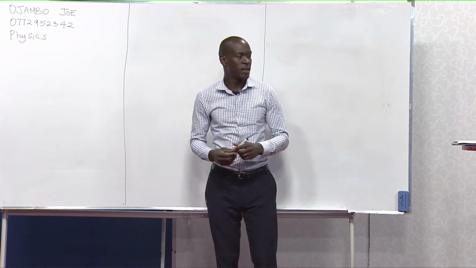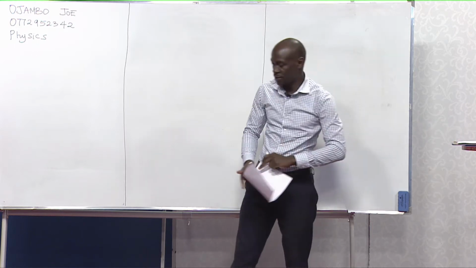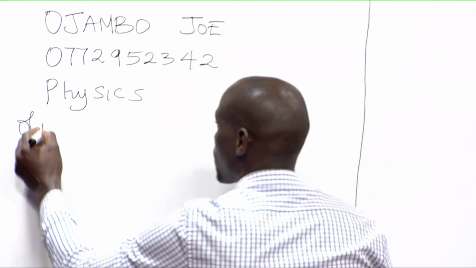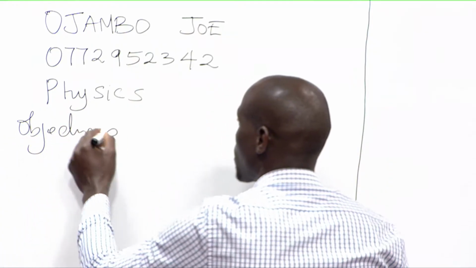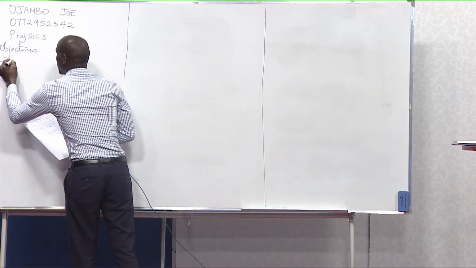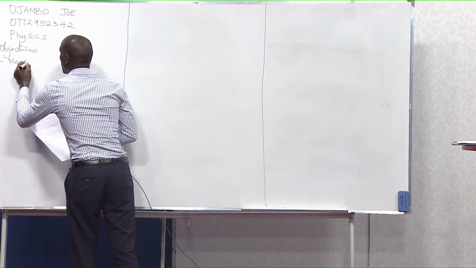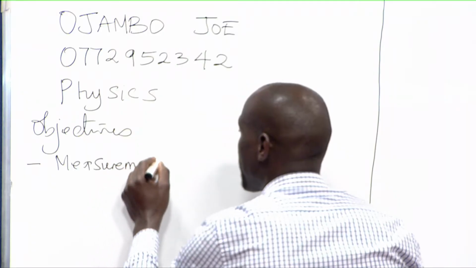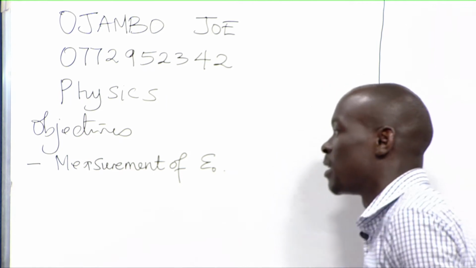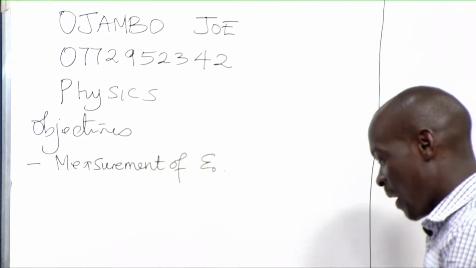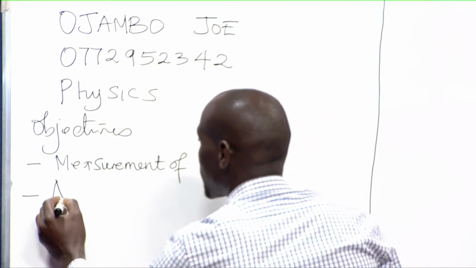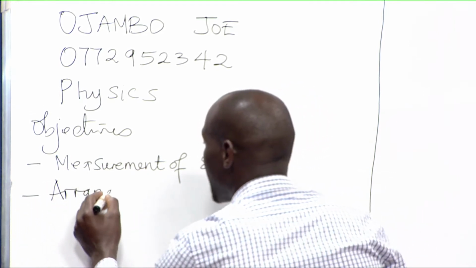It is at this point that we are going to have our lesson objectives. The first objective will be measurement of relative permittivity. Then the second, we shall look at arrangement of capacitors.